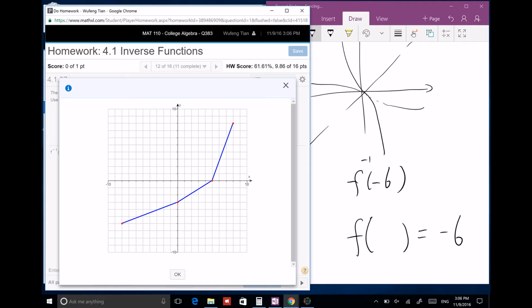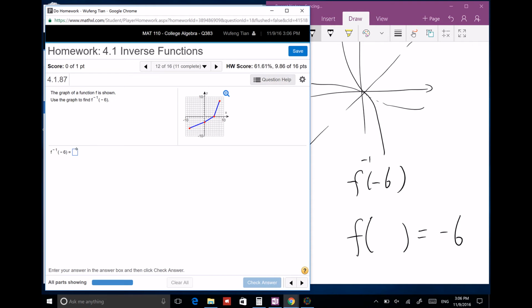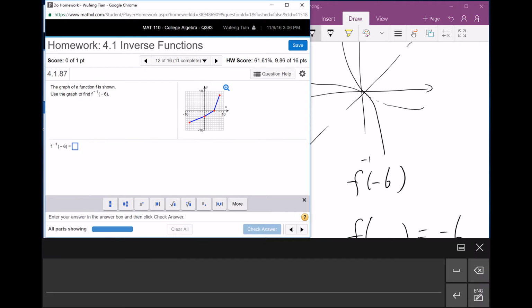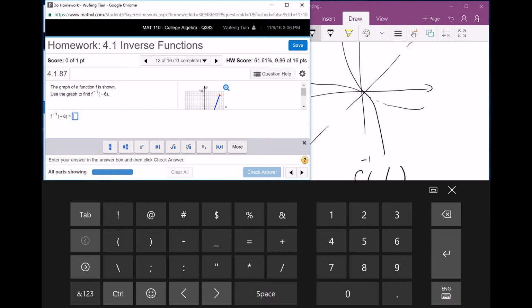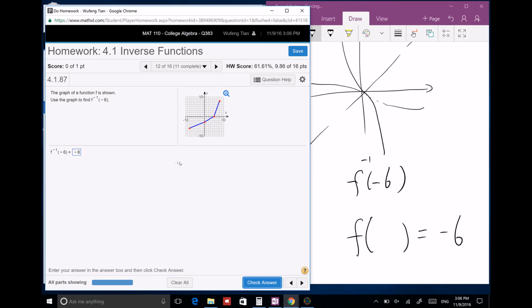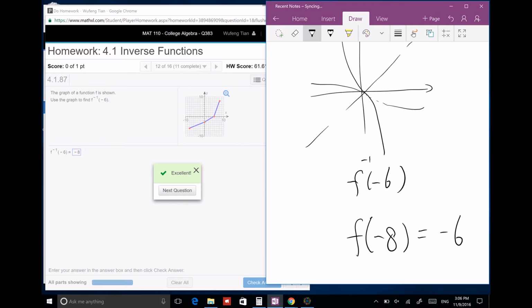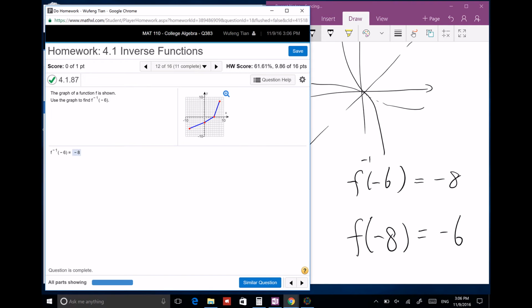So it's negative 8. When x equals negative 8, y equals negative 6. So just type in negative 8 because they are symmetric. Basically, f of negative 8 gives you negative 6. f inverse of negative 6 is negative 8. So you find out, for the inverse function, when the y value equals negative 6, what the x value is.